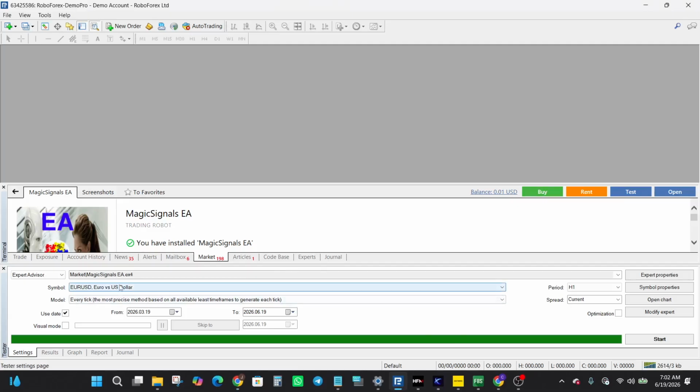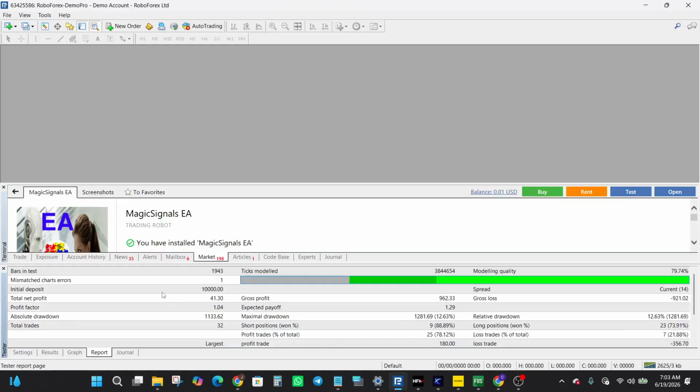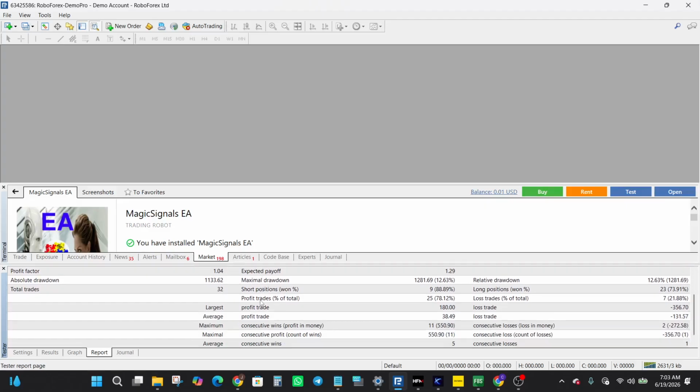Let us see how the MagicSignals EA performed on Euro USD on the H1 time frame over the past 3 months in 2026. All right, so I'm using the every tick modeling. Looking at the report, from an initial deposit of $10,000, total net profit was $41.3. 32 trades we are taking, out of which 25 were profitable.